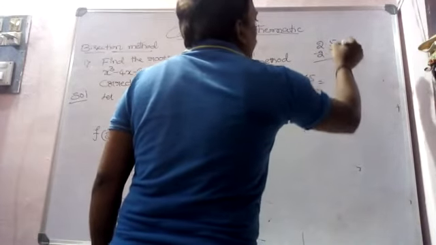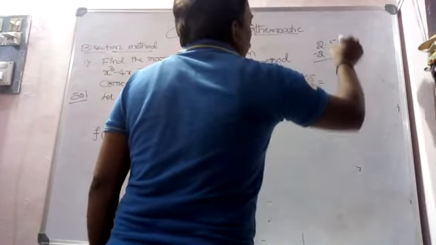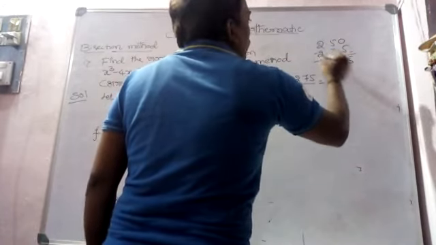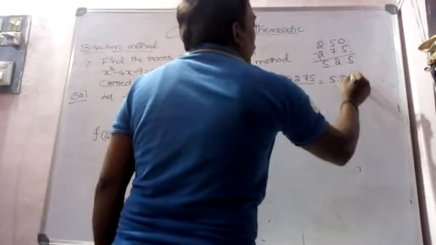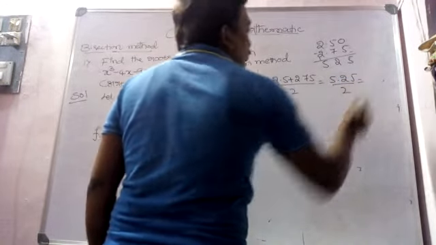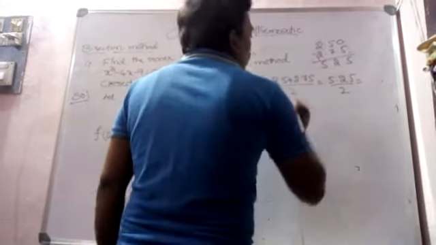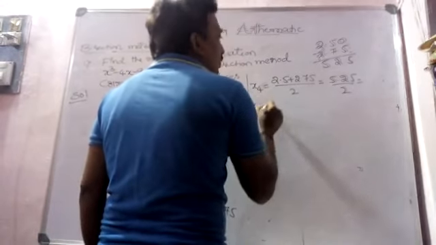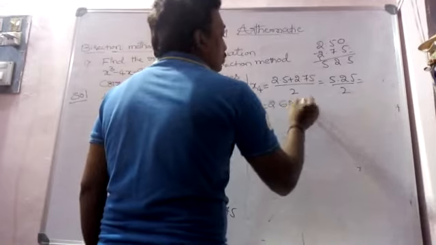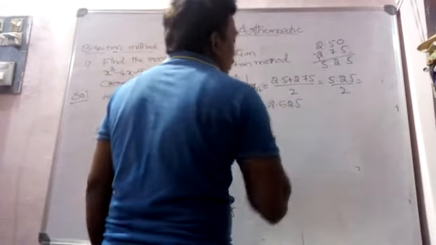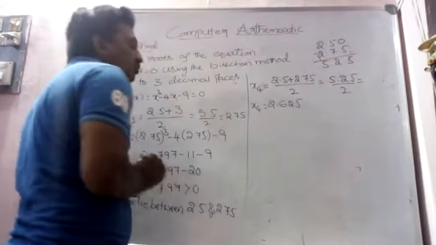So adding this, 0, 0.55 is 12. This is 5, 5.25. 5.25 by 2. Go to simplification this one. 2 2 ja 4, point, that is 6. 2 2 ja 5. 2 5 ja. So x4 equals 2.625.